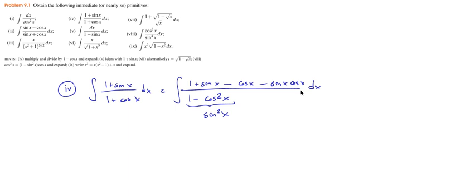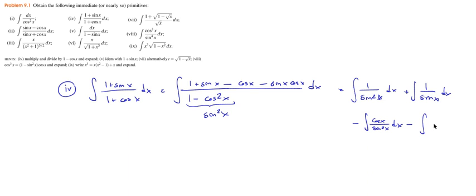So this is equal to the primitive of 1 over the sine squared dx, plus the primitive of 1 over the sine dx, minus the cosine divided by the sine squared, and then minus the sine times the cosine divided by the sine squared, which gives the cosine divided by the sine.